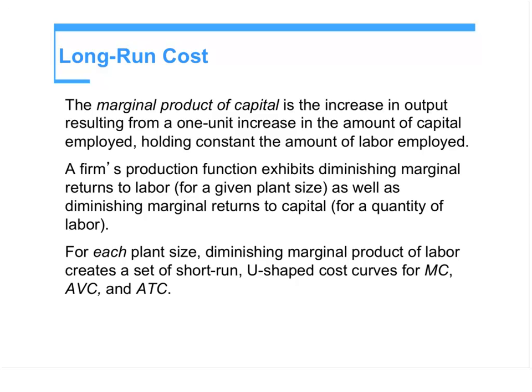So you have marginal product of labor and marginal product of capital. A firm's production function exhibits diminishing marginal returns to labor for a given plant size, as well as diminishing marginal returns to capital. There's also this concept that you can add capital and increase your output to a certain level.